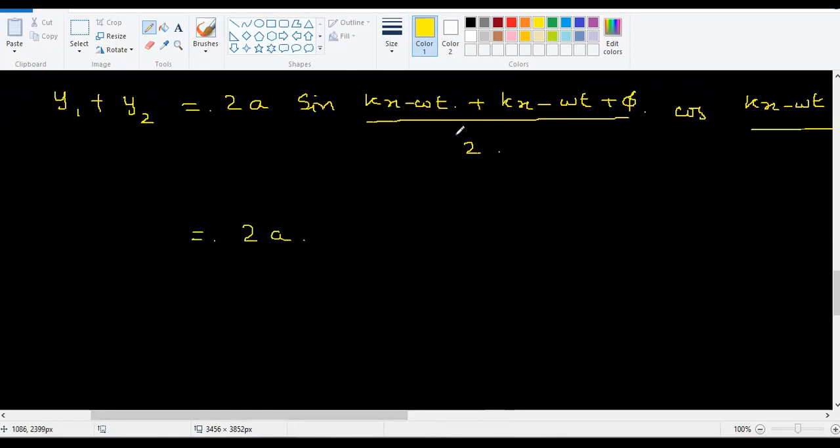Of course, I'm just showing a lot of steps here. You know that this and this will add up, and this will be pi by 2. So I'll be getting 2 times Kx minus omega t. Just to avoid any confusion, I'm showing a lot of steps. In reality, in your exam, you don't have to show so many steps.